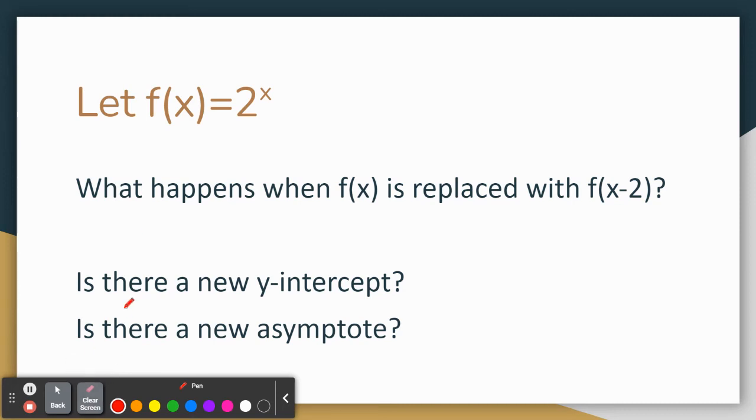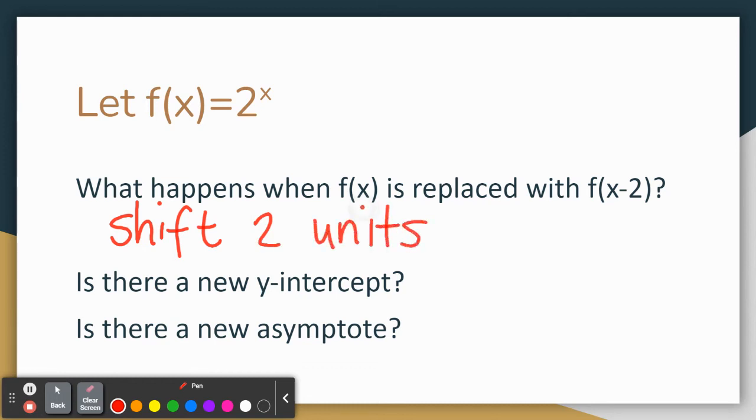So let's answer the question, what happens when f of x is replaced with f of x minus 2, with the 2 inside the parentheses? We have a shift of 2 units right. Is there a new y-intercept? Yes.